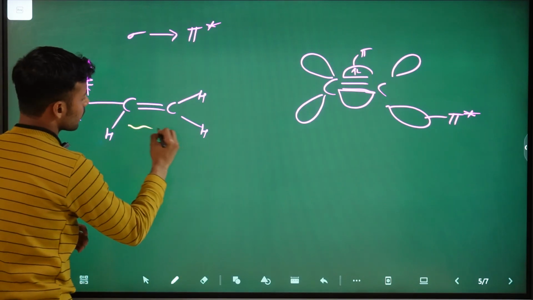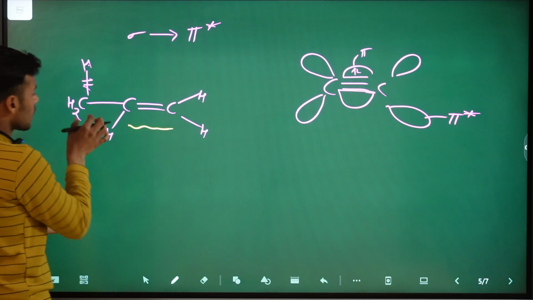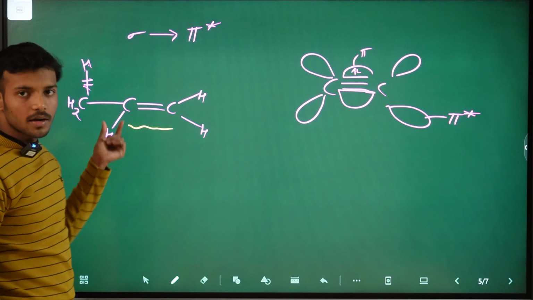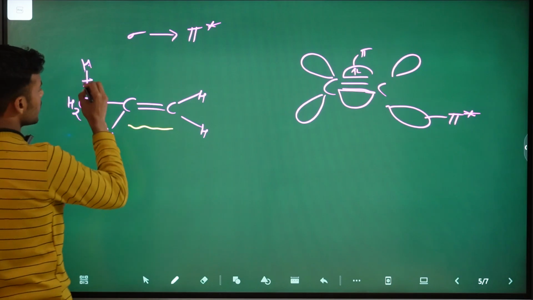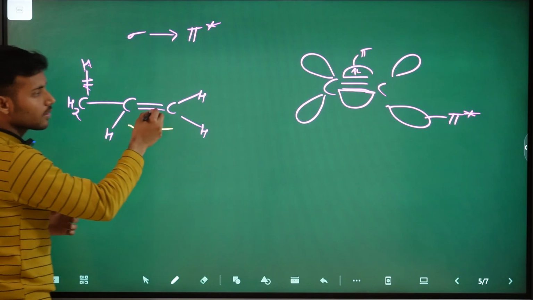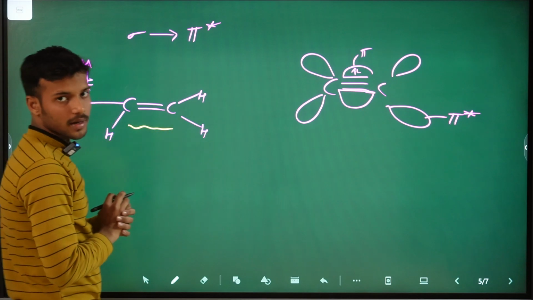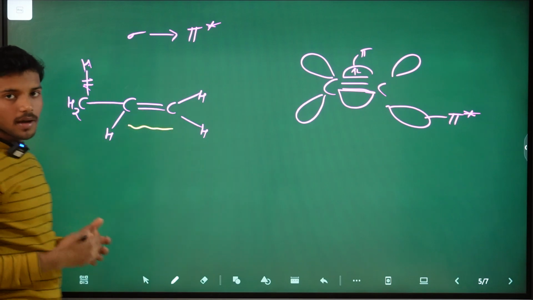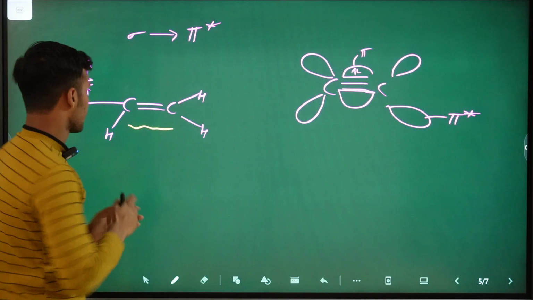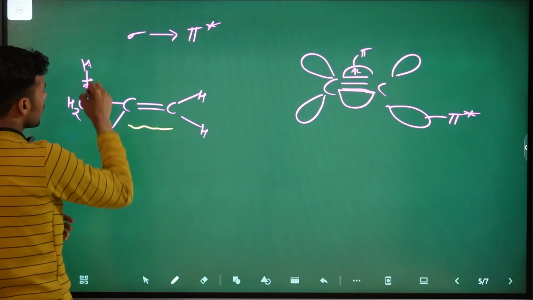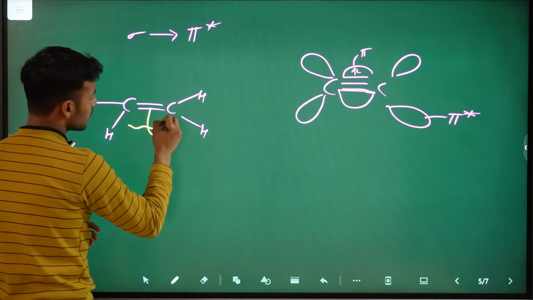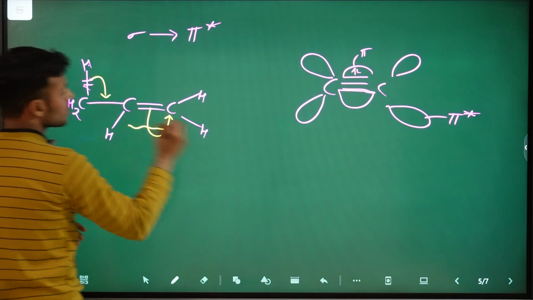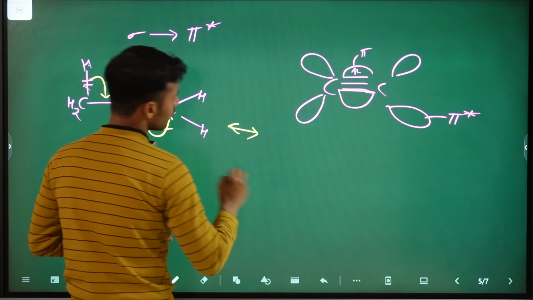This is the functional group. The carbon attached to the functional group is called the alpha carbon, and this is alpha hydrogen. So it will also interact with this empty pi star orbital. Alkene has an empty pi star orbital. So this sigma CH bond will shift here and this pi bond will break and form a new hyperconjugative structure.